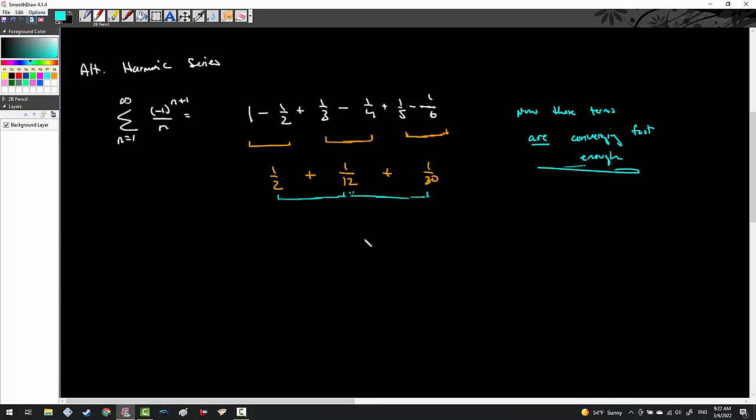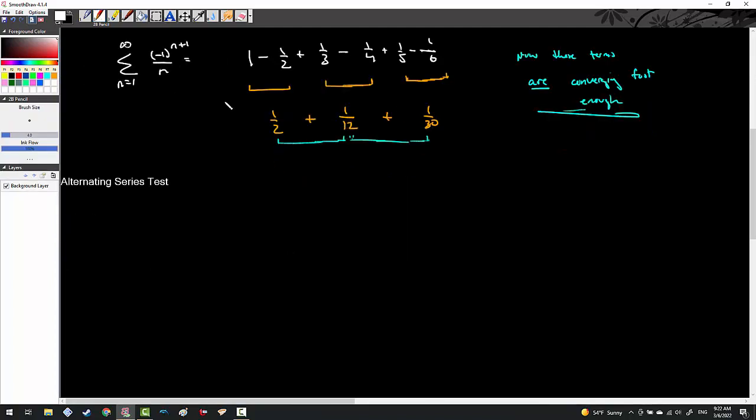The alternating series test says this. If you have a summation from, let's say, k equals 1 to infinity of negative 1 to the k, or to the k plus 1, it doesn't matter, times a sub k.